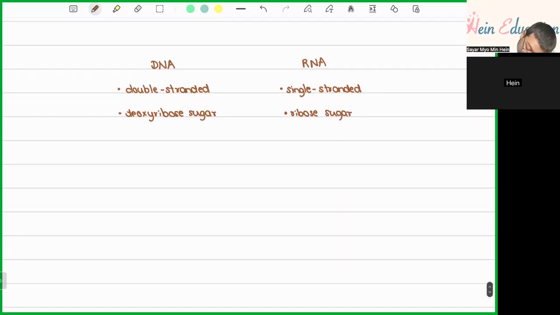And then DNA contains ATCG, right? It contains the thymine base, but RNA contains U, or the uracil base.